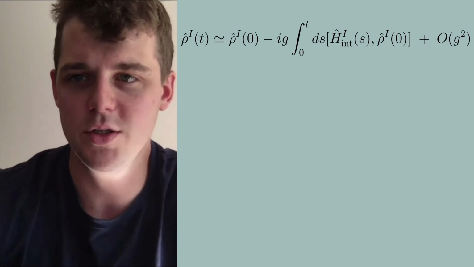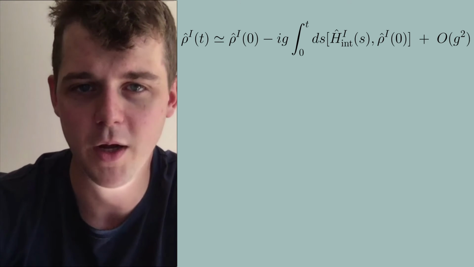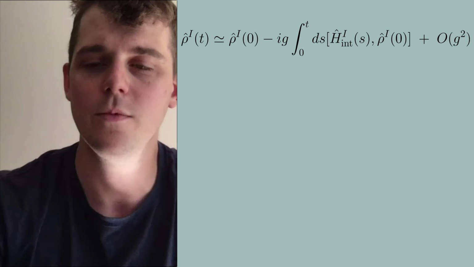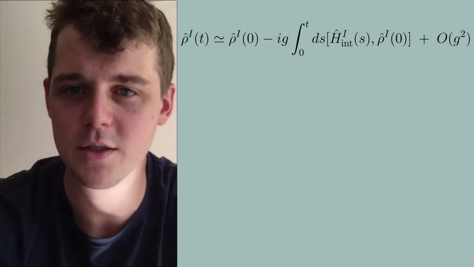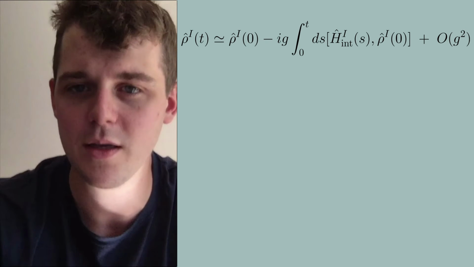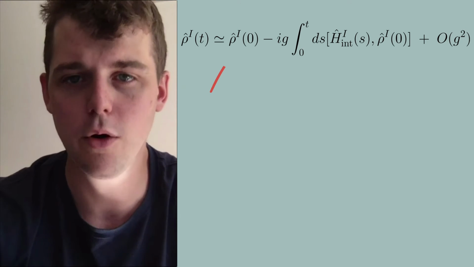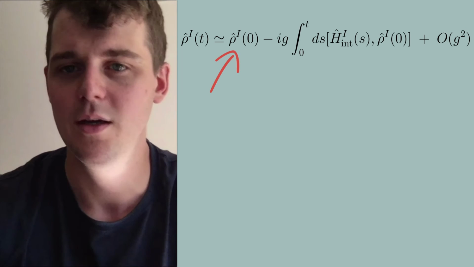If we're interested in what this reduced density matrix is doing for the open quantum system in terms of time evolution, the natural place to start is to think about perturbation theory. Since we've got some small parameter g, we know how to do a Dyson series. So let's take the earlier Dyson series that we wrote down, where for the full density matrix, we saw that it was approximately equal to rho of I at the initial state.